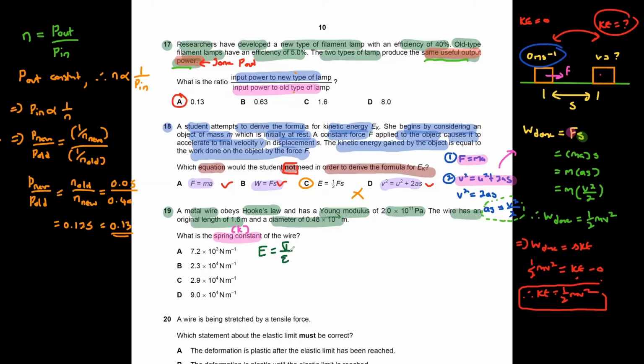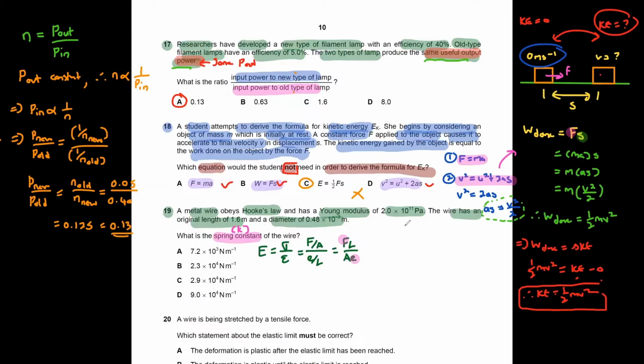Young's modulus is the ratio of stress to strain, which is force per unit area over extension over original length, which in turn becomes FL over AE.